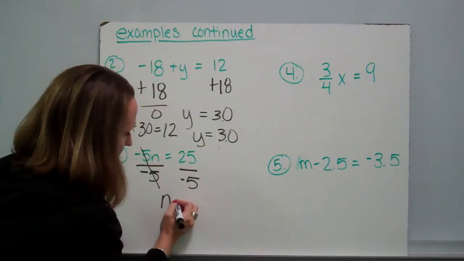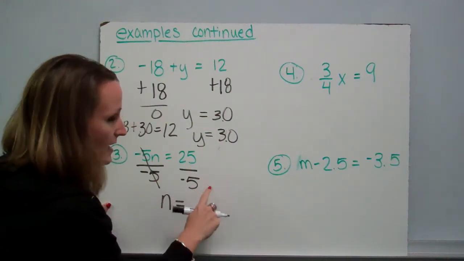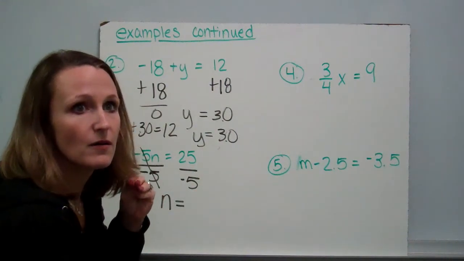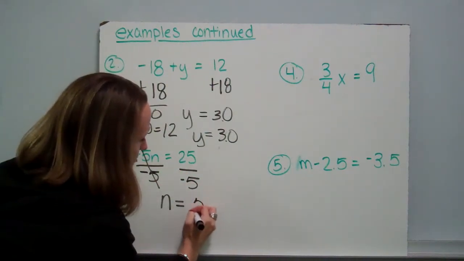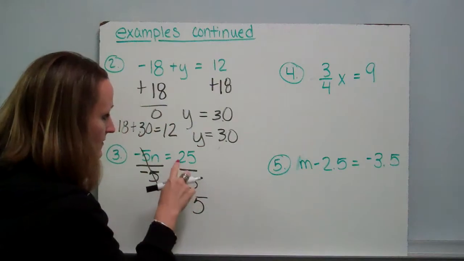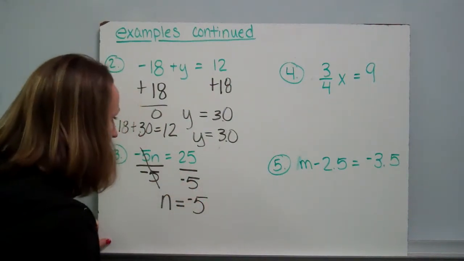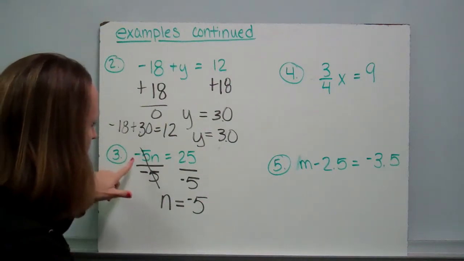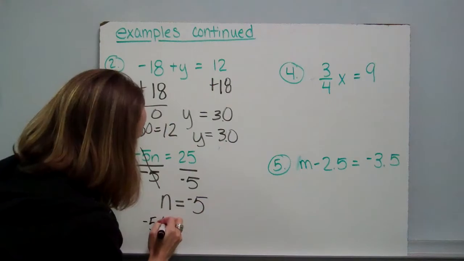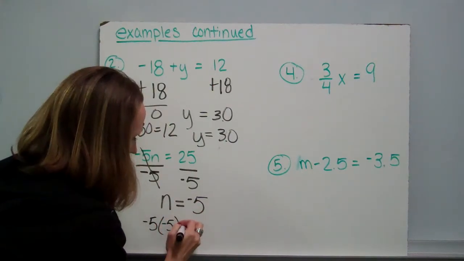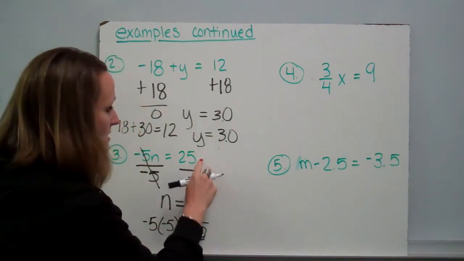I'm going to bring down my equal sign, and I'm going to have 25 divided by negative 5. Well, 25 divided by 5 is 5, and then I have to remember my rules for positives and negatives. Positive divided by a negative is going to give us a negative 5. So if we went back and checked this, I would have negative 5 times negative 5, and that should give you positive 25, which is what we started with.